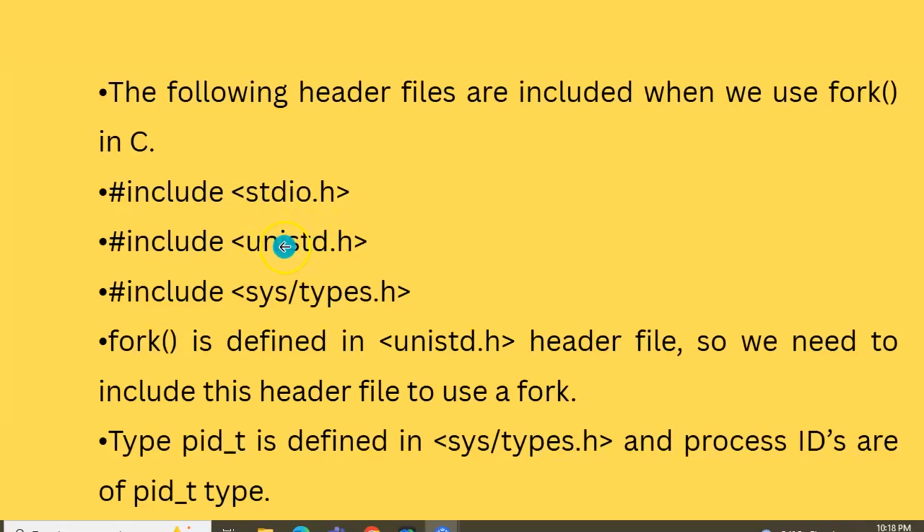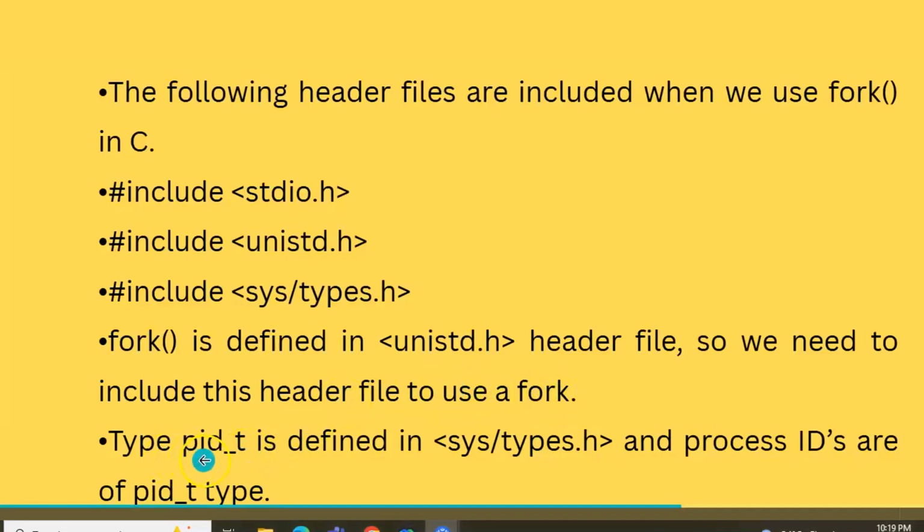The next is unistd.h, because fork is defined in this header file, so we need to include it whenever we want to use the fork system call. And the third one, the type pid_t, is defined in the header file sys/types.h, and process IDs are of this particular pid_t type.